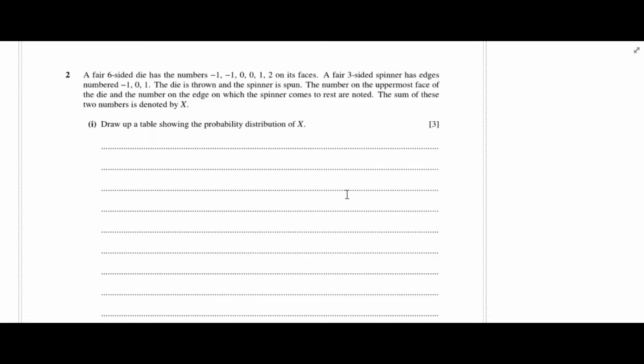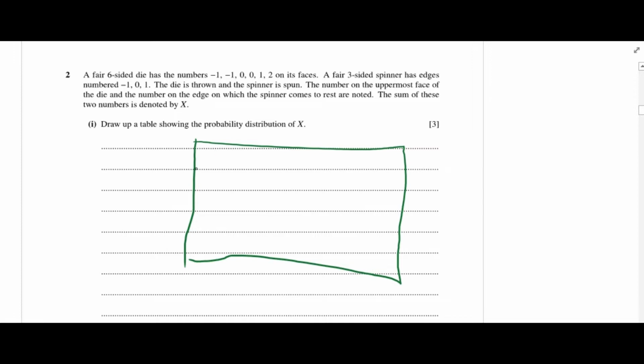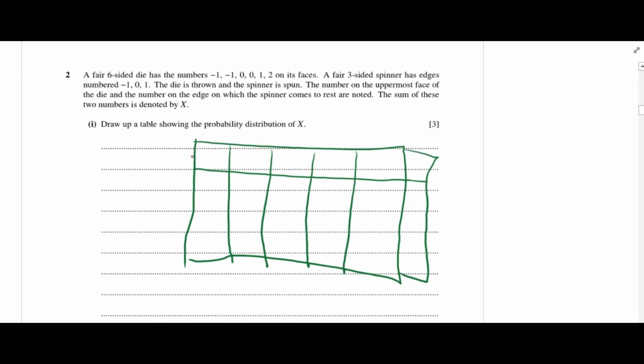When we attempt such a question, first I write the possible outcomes of the die, -1, -1, 0, 0, 1, 2, and on the spinner, -1, 0, 1.